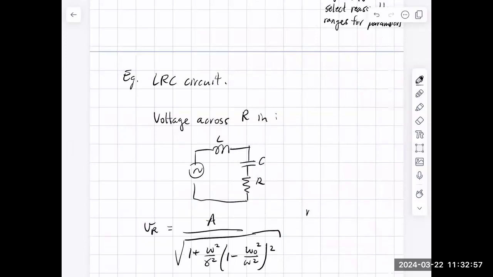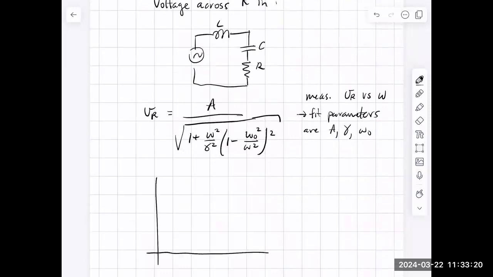So we're going to measure VR versus omega, and our fit parameters are A, gamma, and omega naught.